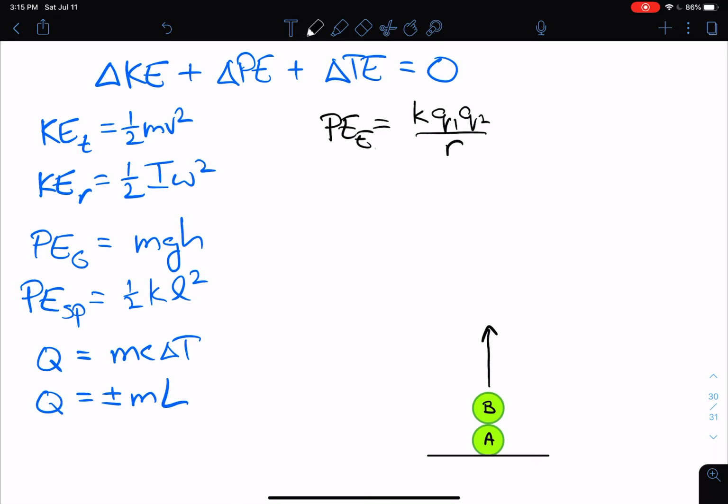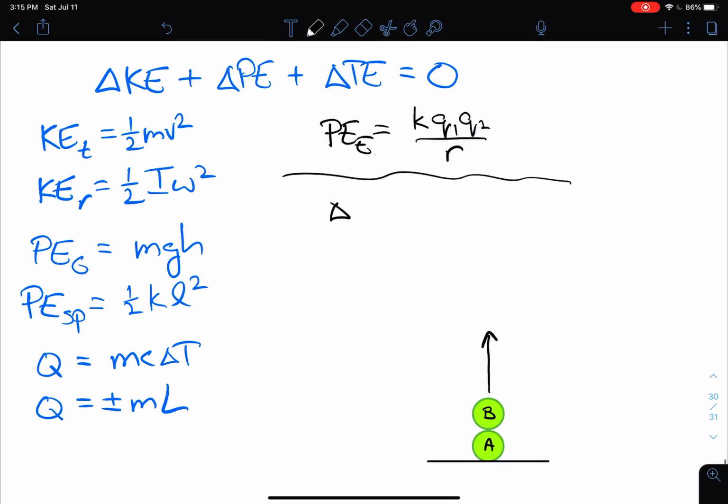So if we're using the law of conservation of energy, to begin with, it's released from rest, so it has no kinetic energy to begin with.